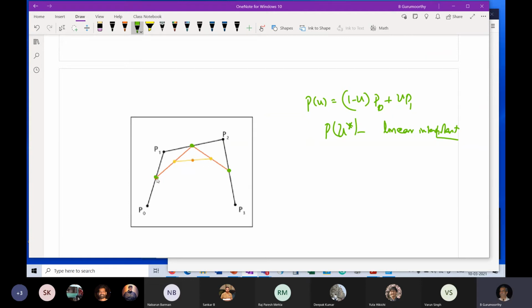Now I have 2 pairs, and I calculate the interpolant for, say, u equals half, and I get this point corresponding to u equals half. Now I again take the new set of points that I have, but now I have only 1 pair, therefore there's only 1 linear segment, and I find the interpolant corresponding to u equals 0.5 again, and that's what this is.